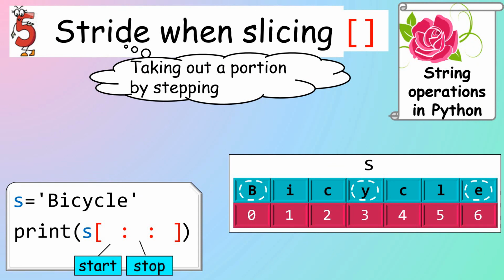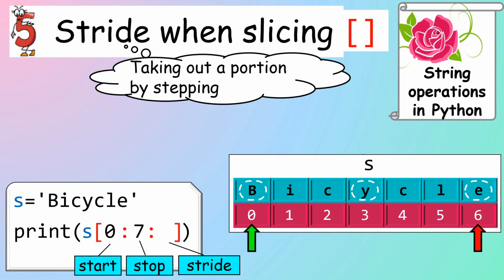The middle parameter is the stop index value. And the third parameter is the stride value. Now look at the substring which you want to slice out. The start index of that is 0, because you want to slice out the character B, which is in the 0 location. So the start value is 0. The index value of E is 6, so in the place of stop, you have to give 7.